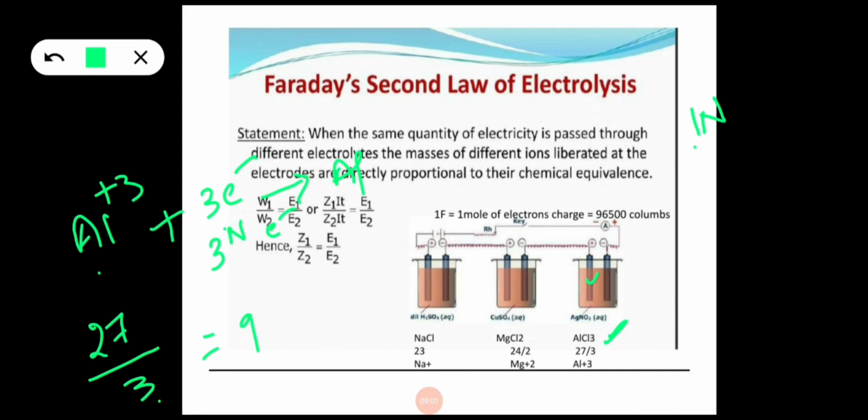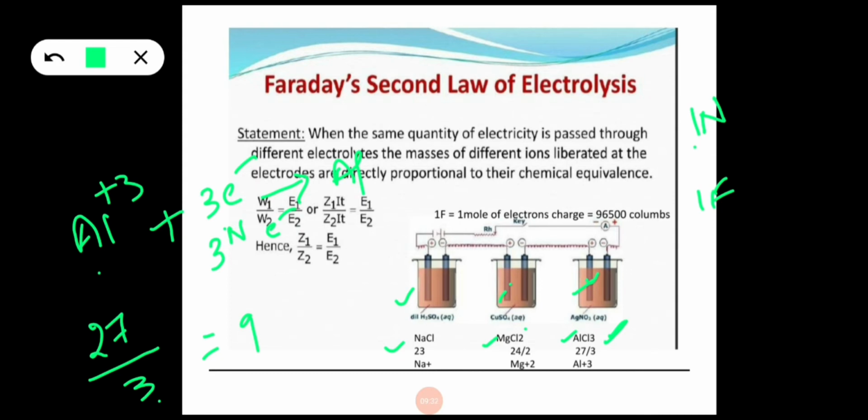So if we are passing 1 Faraday of charge, whatever the electrolytes we take, the equivalent weight of the electrolyte will be deposited at their respective electrodes. This is called the second law of electrolysis. So 1 equivalent weight of sodium is deposited here, 1 equivalent weight of magnesium is deposited, and 1 equivalent weight of aluminum is deposited.